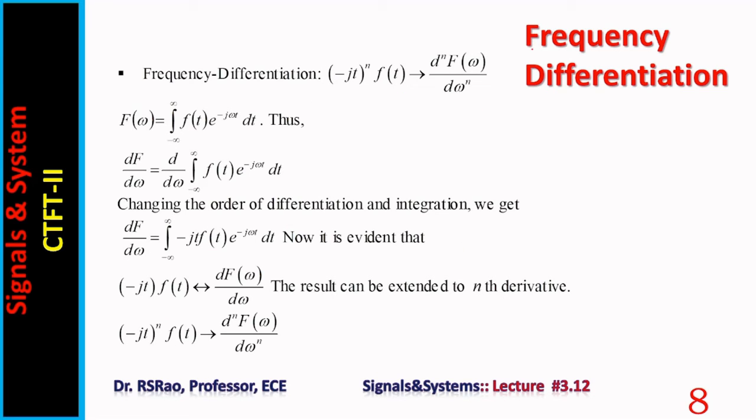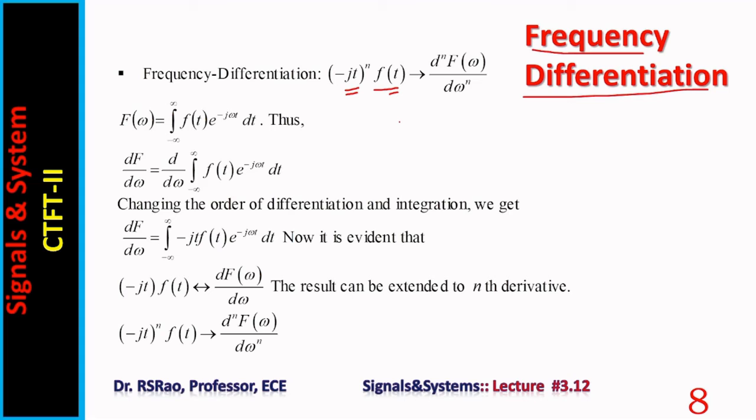Now we consider differentiation, but now in the frequency domain, frequency differentiation. This property in mathematical form states that the Fourier transform of (minus jt) power n multiplied by f of t is the nth derivative of F of omega. Here differentiation is with respect to omega.